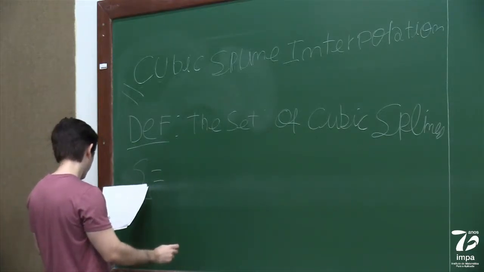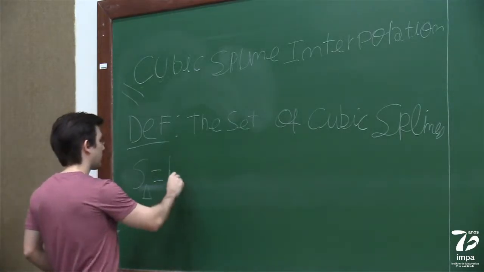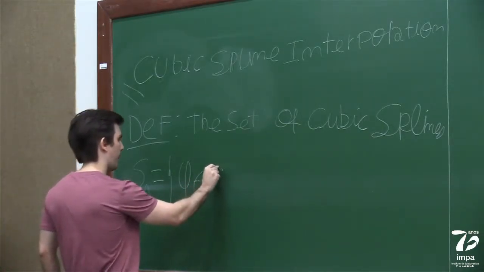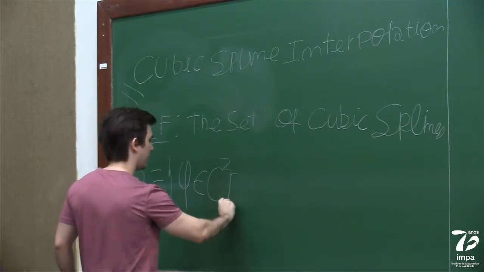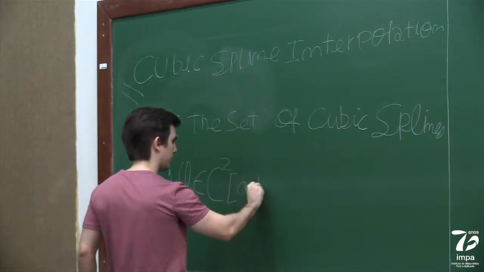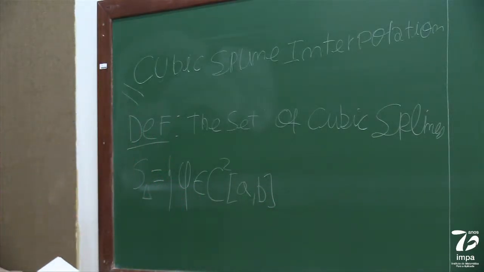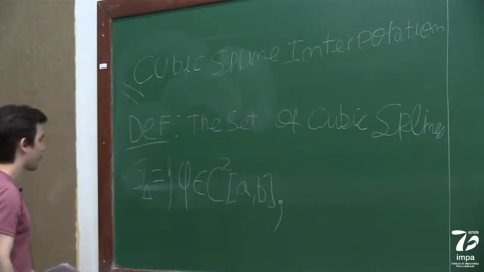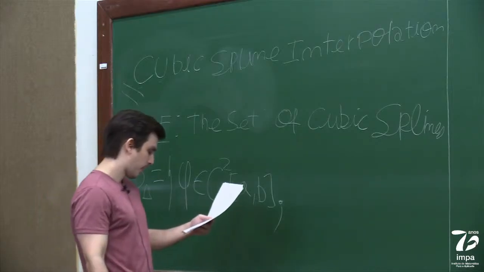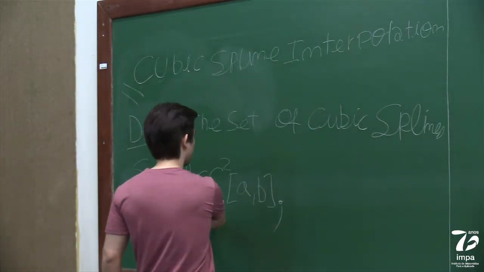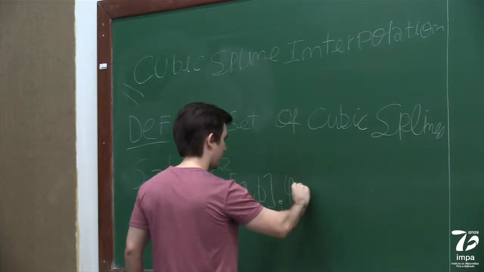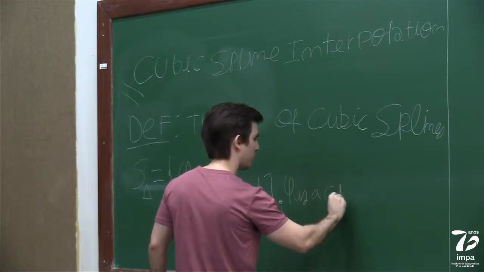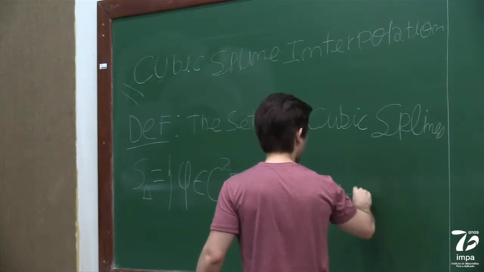Is defined as all the functions phi belonging to C2 of the interval AB, such that for each subinterval, phi is a cubic polynomial.